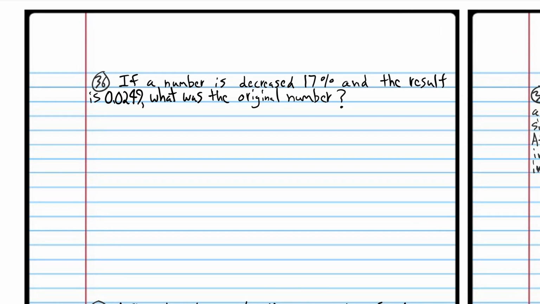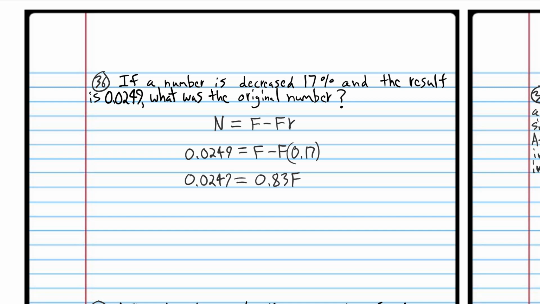All right, we're back. 0.0249 divided by 0.83 is equal to 0.03.